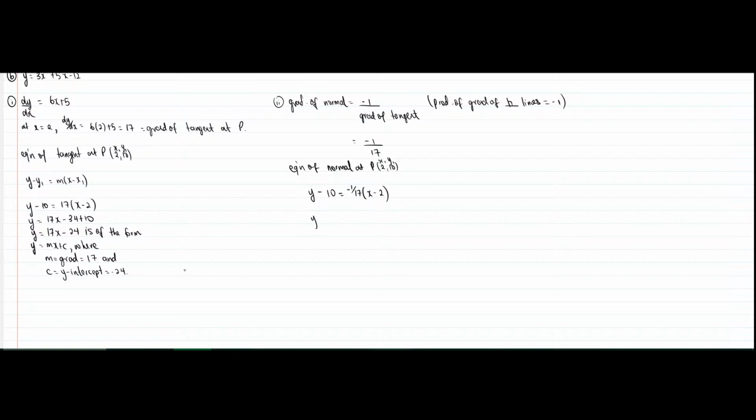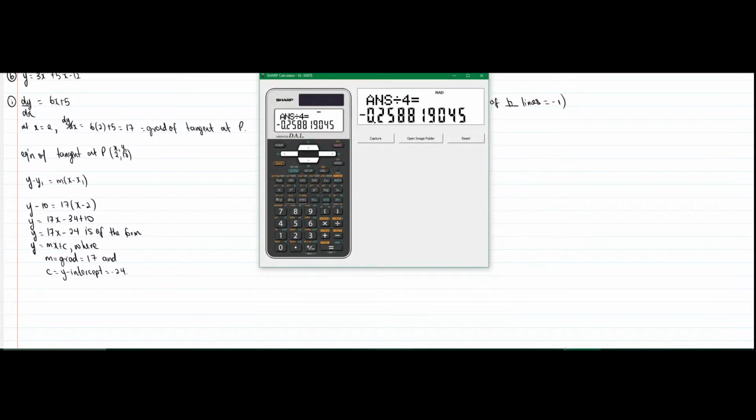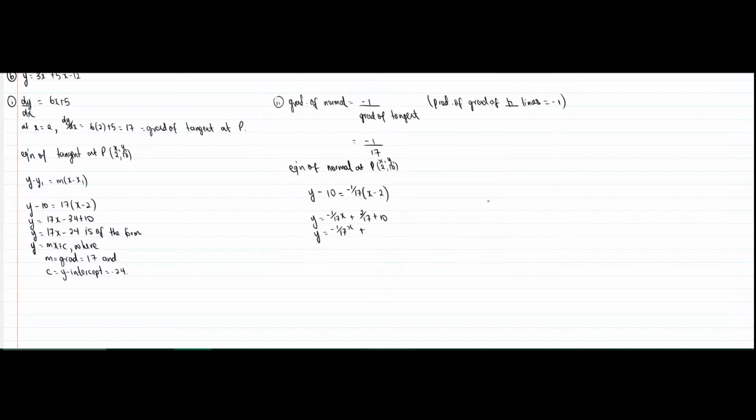One time rearrange. Minus 1 over 17x plus 2 over 17 plus 10 is 172 over 17.